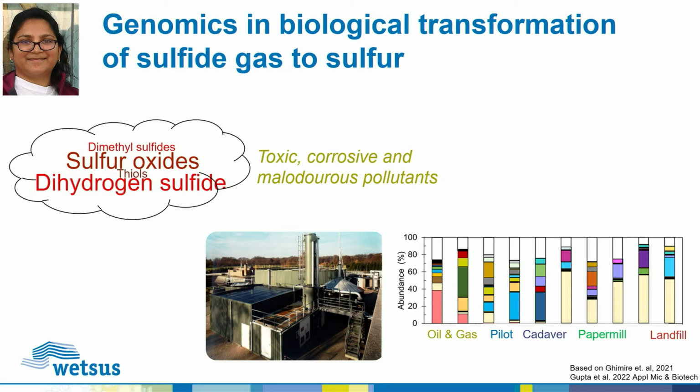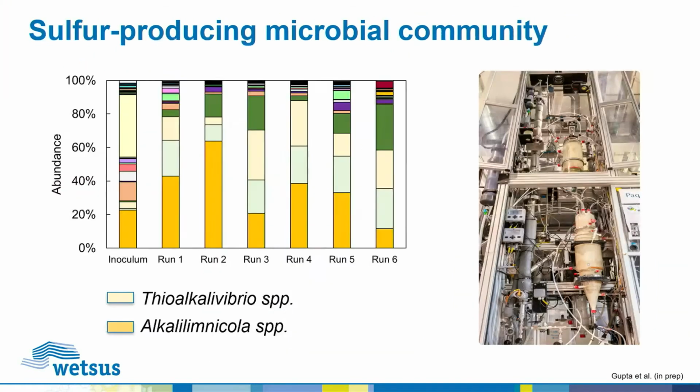So what they have tried is they take the bacterial community that comes from these industrial plants and put that in a bioreactor in Wageningen, and they try to optimize the process operation, turning all kinds of buttons that enhance the production of pure, elemental sulfur.